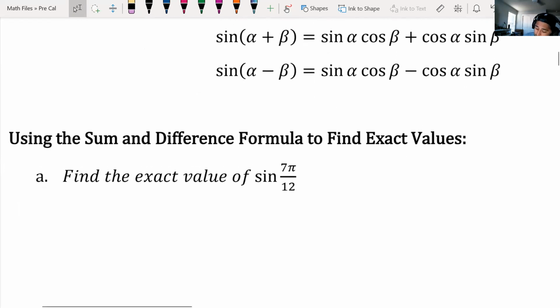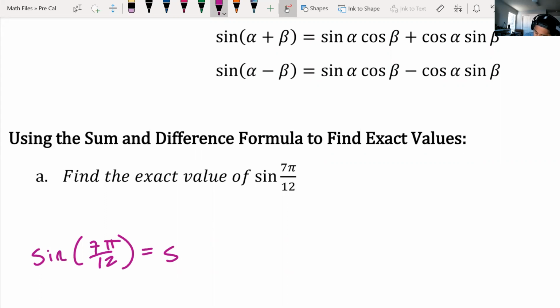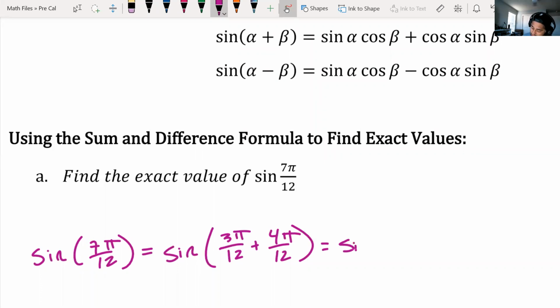And we do the exact same process for sine. So the sine of 7 pi over 12 can be broken into the sine of 3 pi over 12 plus 4 pi over 12. Reduce, and you get the sine of pi over 4 plus pi over 3.